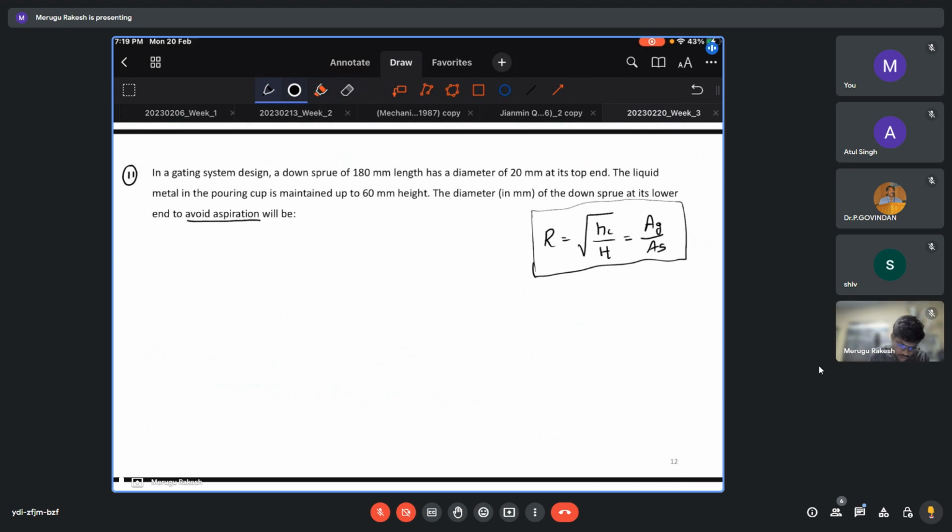If you see, a downspout of 180 length has a diameter, so we have this area. The liquid metal in the pouring cup is maintained up to 60 height. That is Hc. The diameter of the downspout is what they are asking.